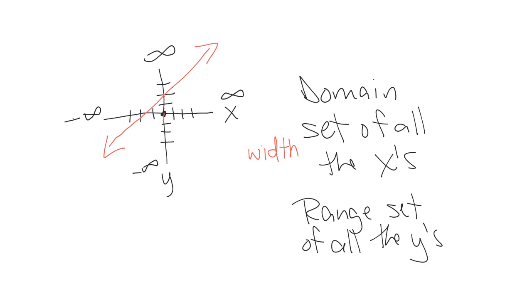I have a dot right here that comes down to 1. But I also have all of the fractions and decimals in between. So there would be no way for me to list all of the fractions and decimals and integers all the way up to infinity and all the way back down to negative infinity. So what we do instead is we use interval notation, which I'm going to show you in just a minute.